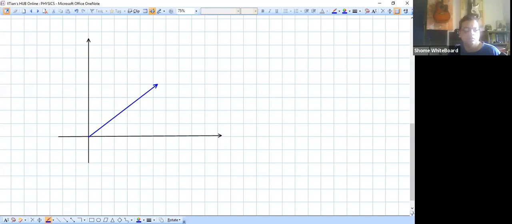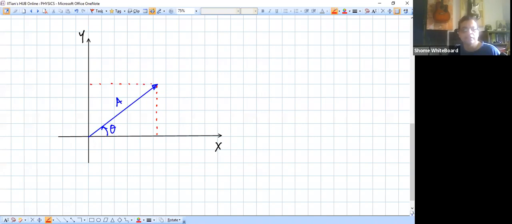Good. So if a particular vector has a magnitude A and makes an angle theta with the x-axis, then to find its components, we need to drop a perpendicular onto the x-axis, and we need to drop a perpendicular onto the y-axis.